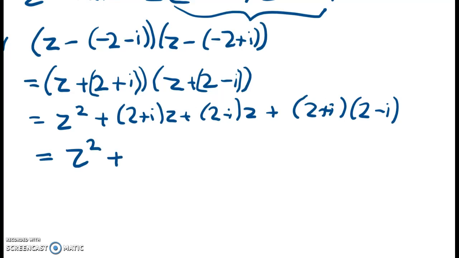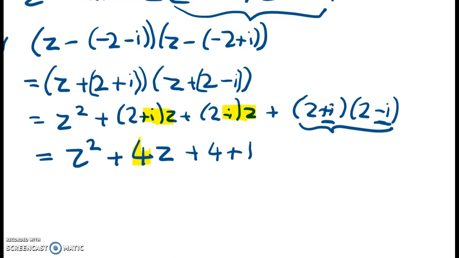So we've got Z squared plus, now here we've got a plus IZ and a minus IZ. So they go, leaving me with plus 4Z plus, here we get 2 squared, 4, minus I squared, which gives me plus 1. Right, so Z squared plus 4Z plus 5.